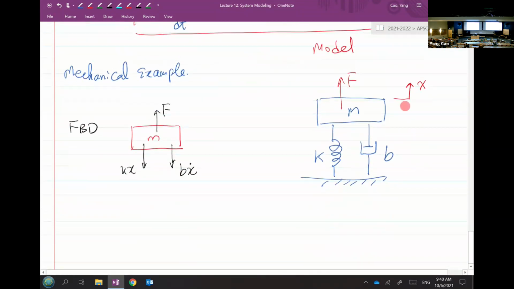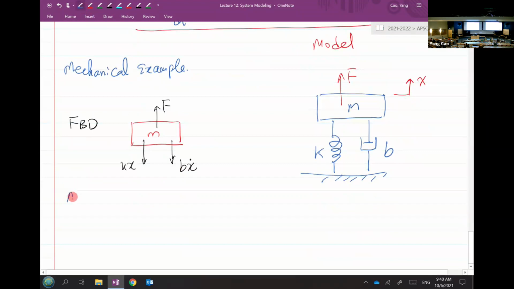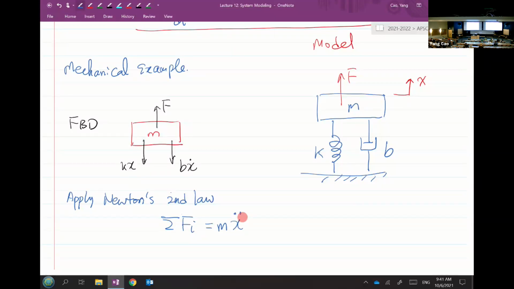Once you get the free body diagram, the next step is you apply Newton's second law. Newton's second law says, when you add up all the external forces, it should equal m times acceleration. This is a planar case, not 3D, and all the forces either point up or down, so there's not much of a problem of vectorization.